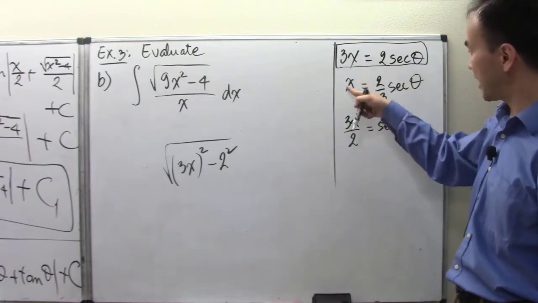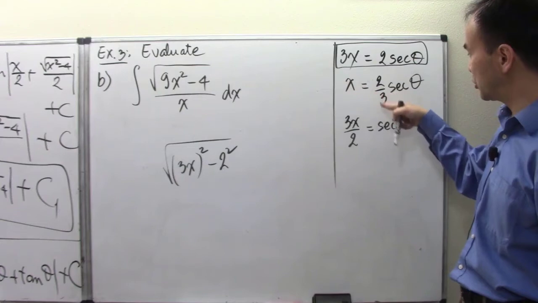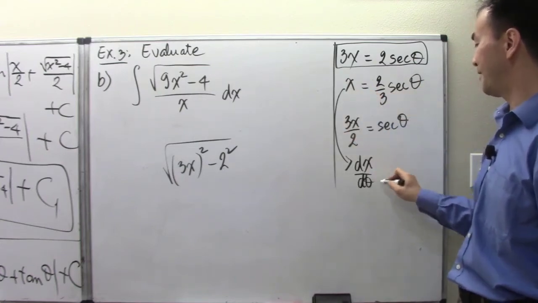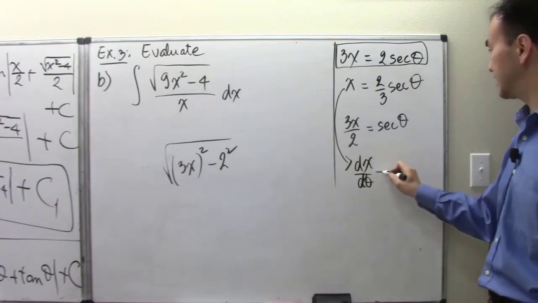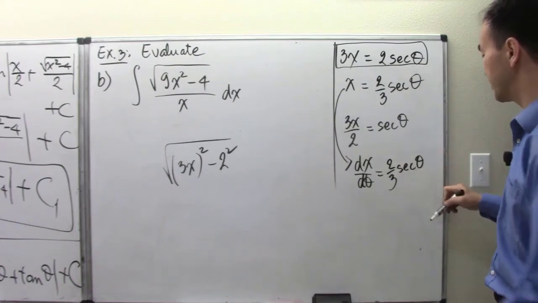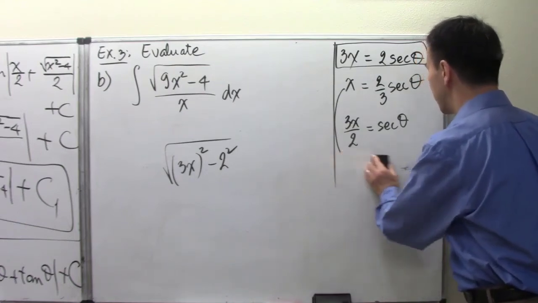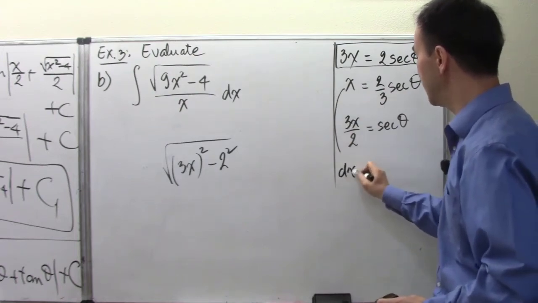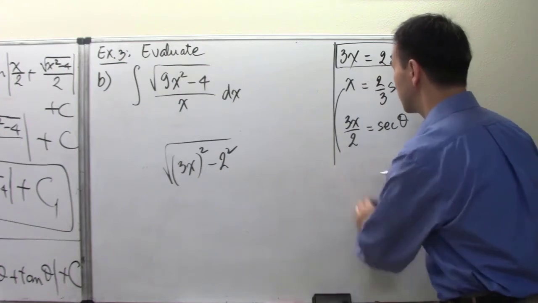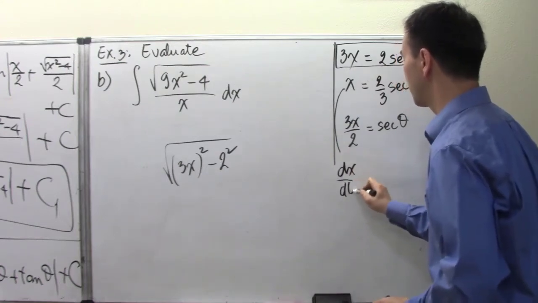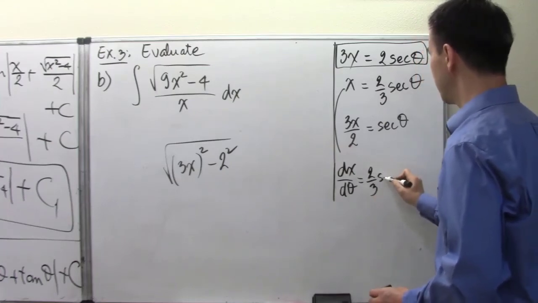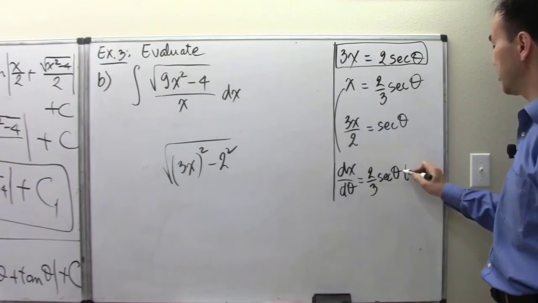But now, at this point, when I have x equals 2/3 secant theta, I can proceed to find dx d theta. So dx d theta is 2/3 secant theta tangent theta. I'm a little short on space, so allow me to write it here. dx d theta has to equal 2/3 secant theta times tangent theta.